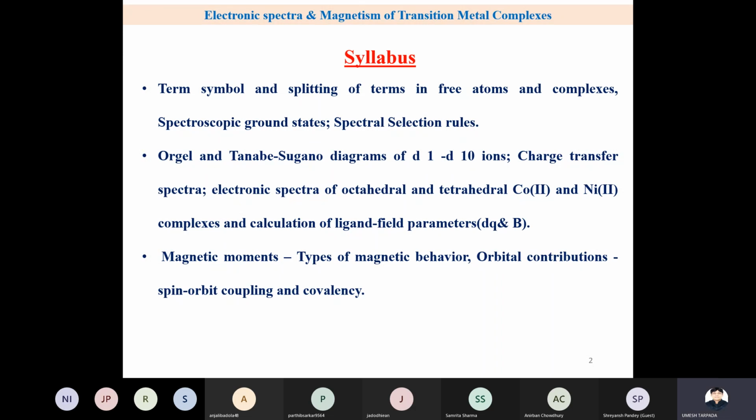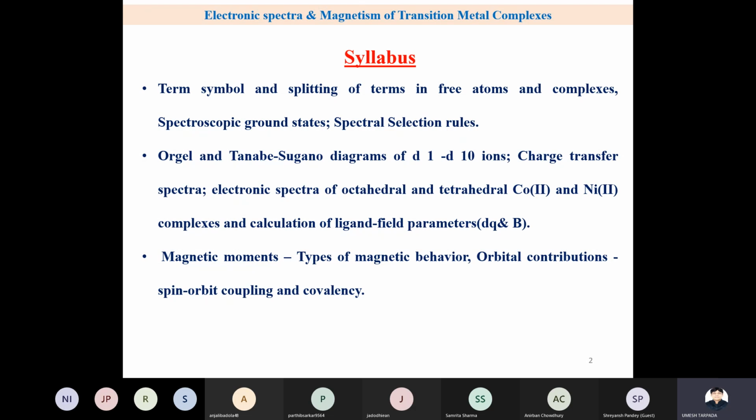And then you can have charge transfer spectra. Again, it is of two types: ligand to metal, and metal to ligand charge transfer. And then you can have the electronic spectra of particular octahedral and tetrahedral complexes of nickel, as well as cobalt. Okay.